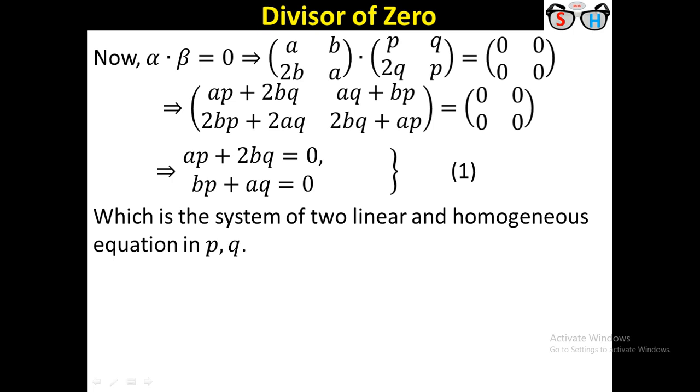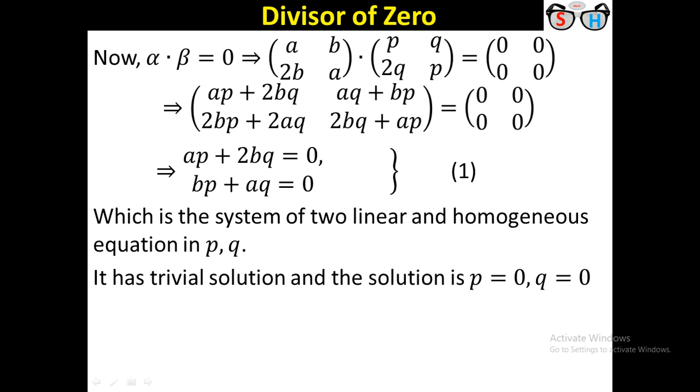Homogeneous means the right-hand side contains 0, the constant term is 0. A homogeneous system has the trivial solution, p equal to 0 and q equal to 0.